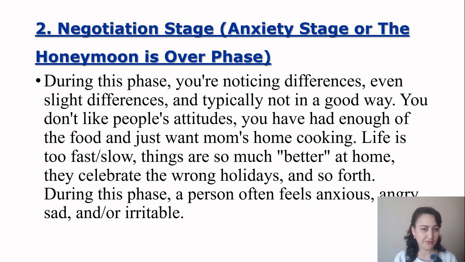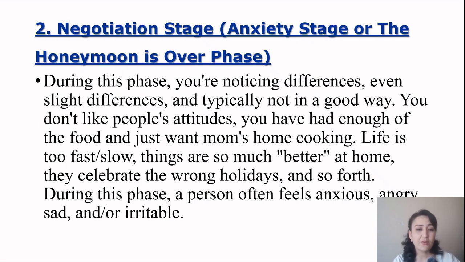Negotiation stage. After honeymoon stage it comes. Anxiety stage, or the honeymoon is over phase, are also the names of the negotiation stage. During this phase you are noticing differences, even slight differences, and typically not in a good way. You don't like people's attitudes.